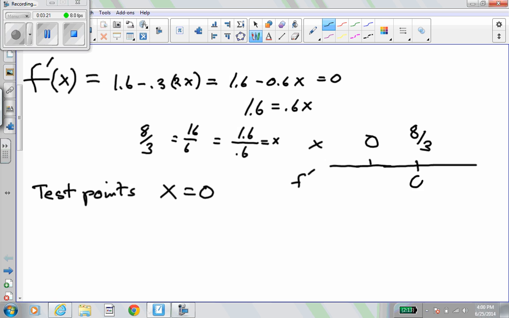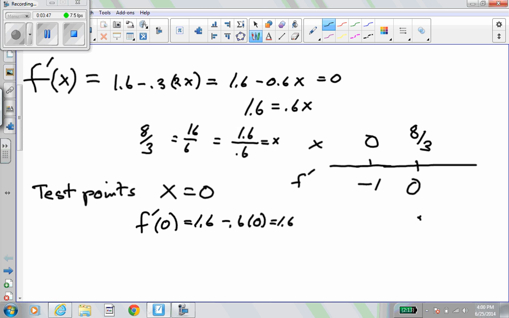F prime is 0 there at 8/3, and f prime of 0 will be 1.6 minus 0.6 times 0, which is just going to be 1.6, which is positive.